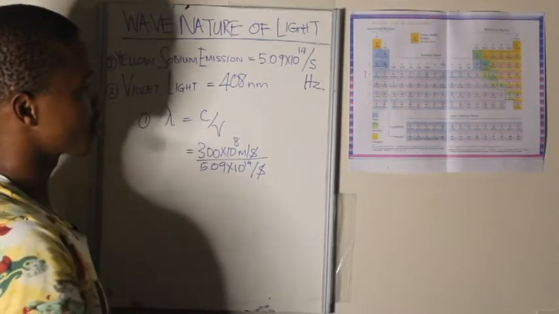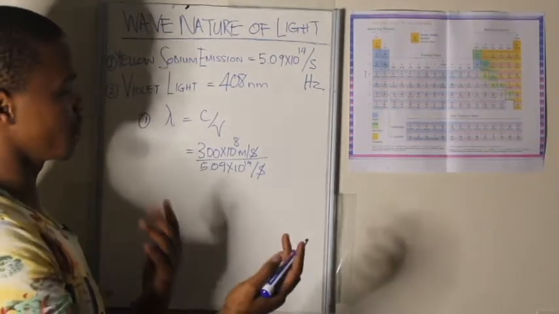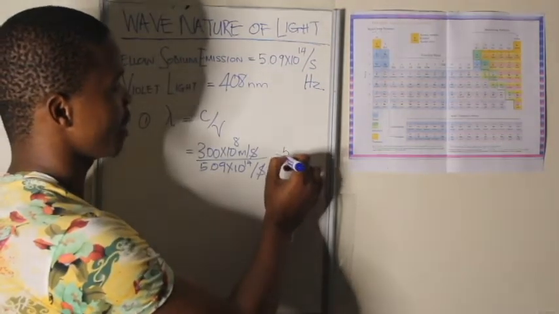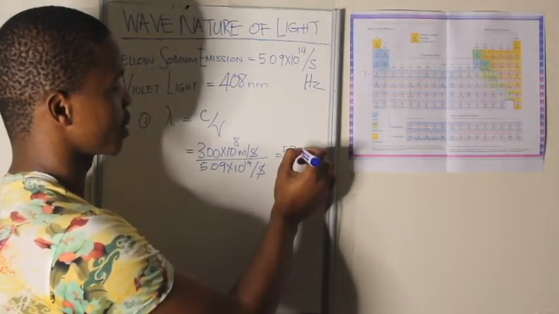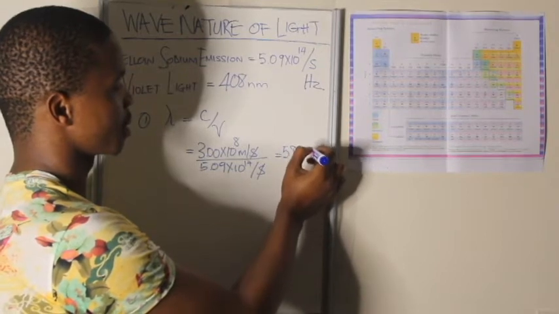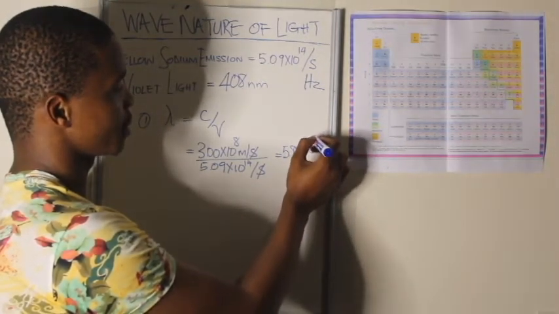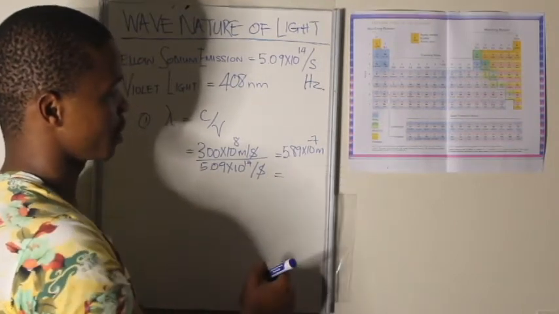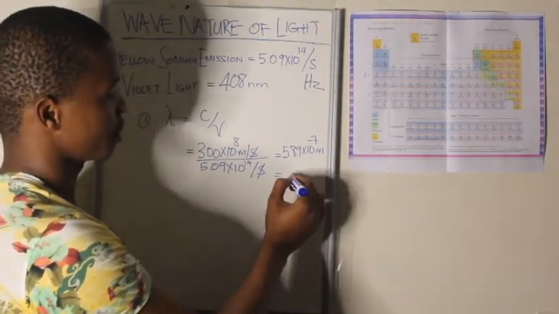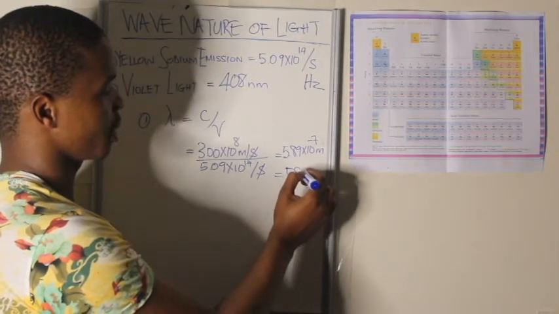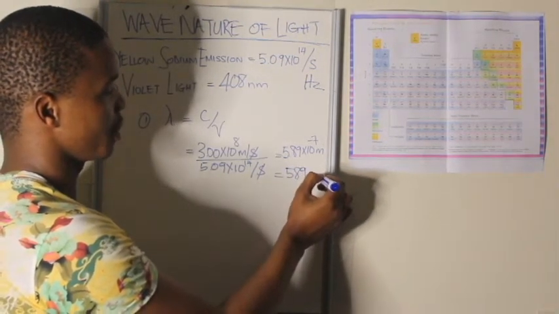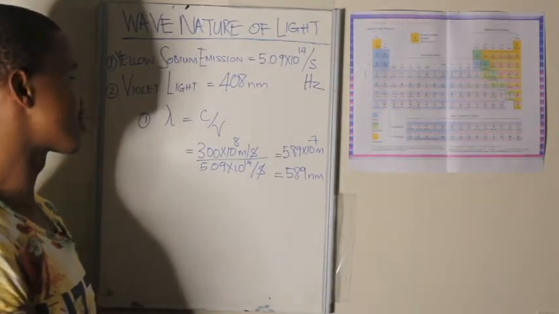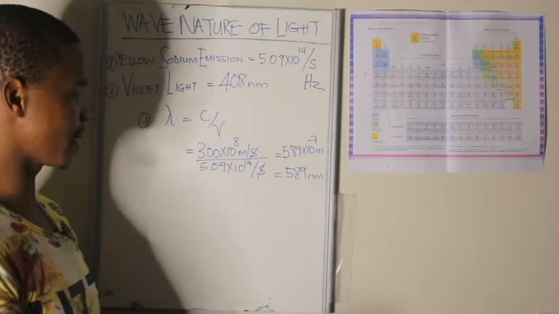Because it is a length, your answer will be in meters. So you will get 5.89 times 10 to the power negative 7 meters. But you can rearrange this to be 589 nanometers. Nanometers is times 10 to the negative 9.